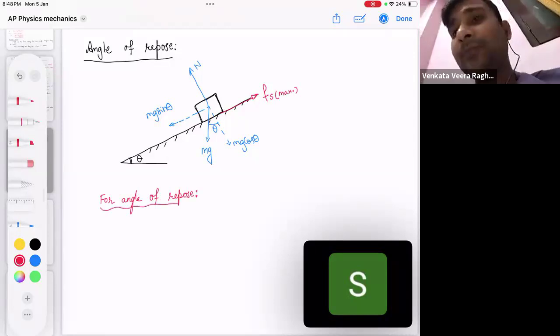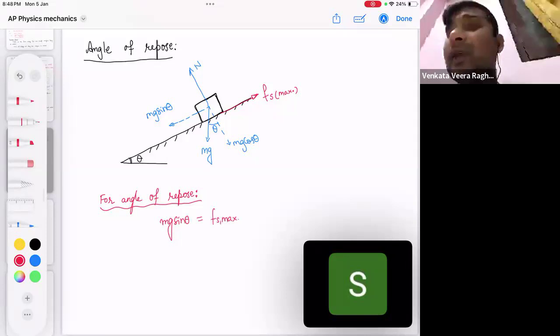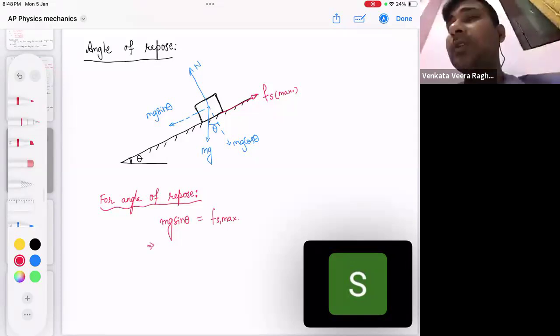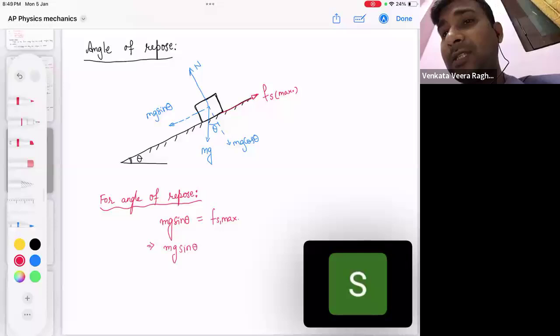For the angle of repose, can I say that when mg sine theta becomes Fs max, it is that maximum angle up to which it will stay at rest? And if I increase the angle even 0.001 degree beyond that, the body will start sliding. Understood? Because now friction does not have the capacity to keep it at rest, because it has already applied its maximum possible value.